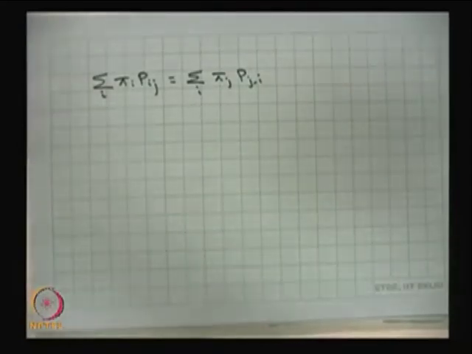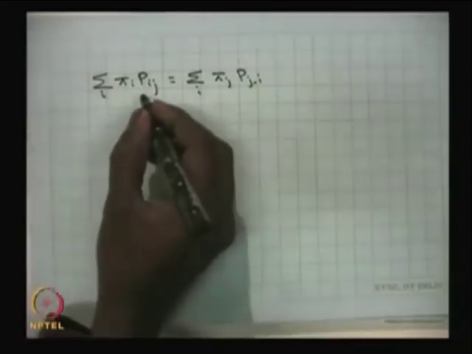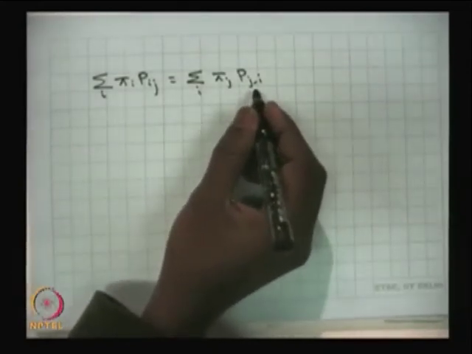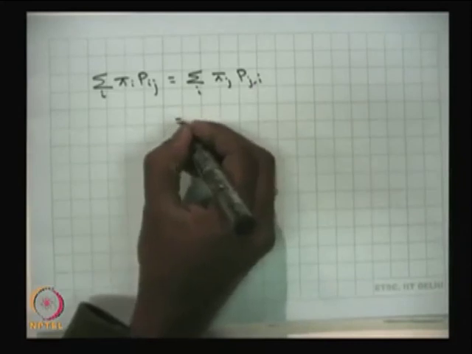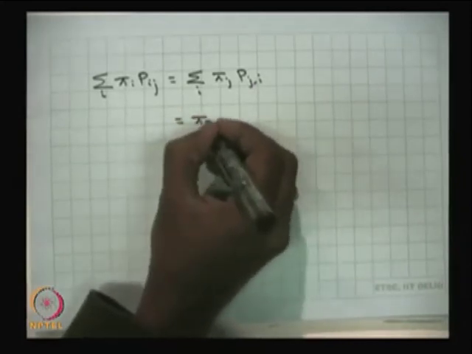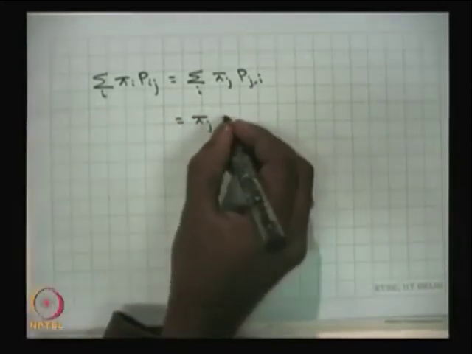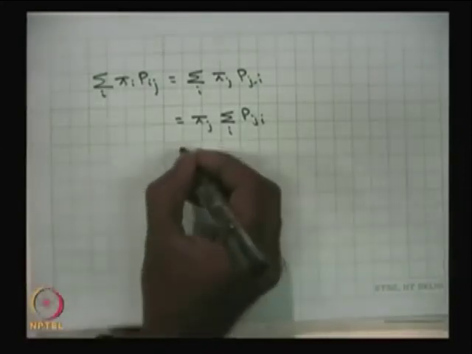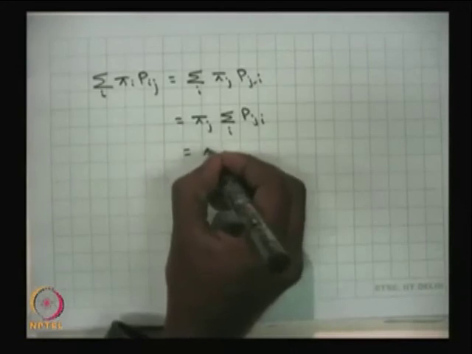We can write summation over i pi i times p i j same as summation pi j p j i. That is same as, you can take out the pi j outside, that is same as the summation over i of p j i, and you know that the summation over i of p j i is going to be 1, therefore, this is going to be pi j.